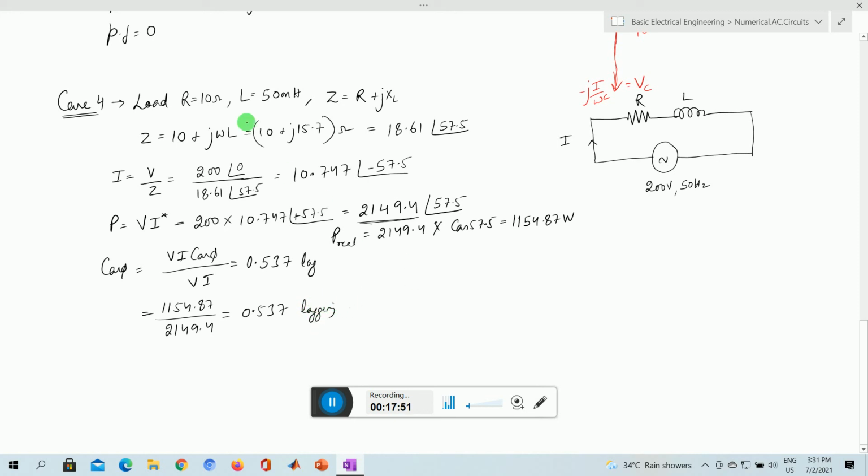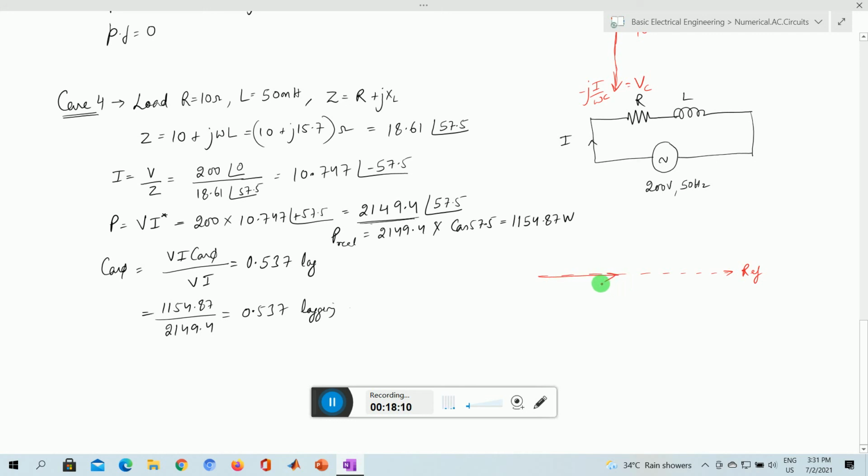So let us draw the current axis over here. Let us take the current as the reference. This is the reference axis, the current phasor.